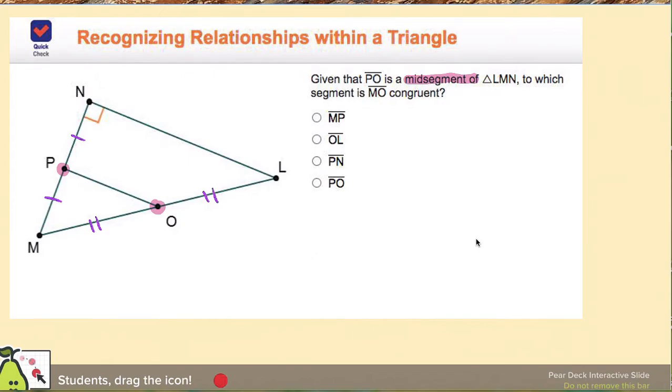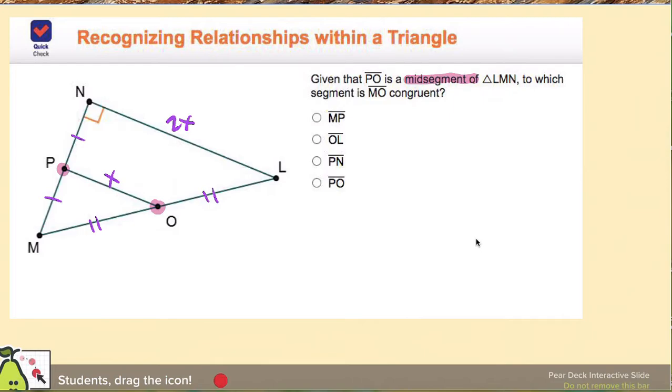So we can have those congruent markings there. And remember that the midsegment is half of its corresponding base. So if I said that this was X, then this would be 2X, because that's the base that corresponds to that midsegment.